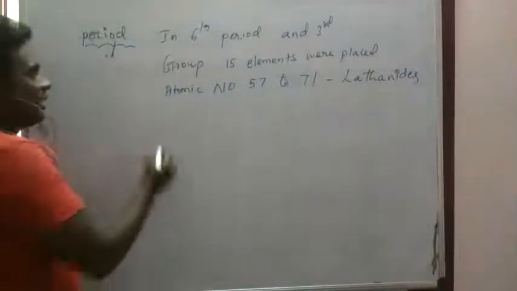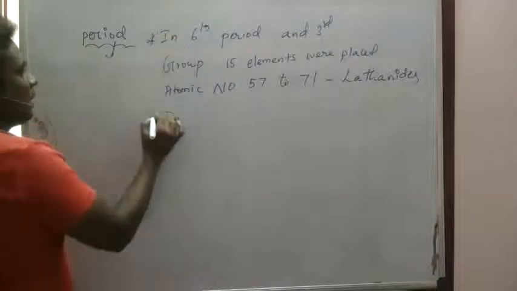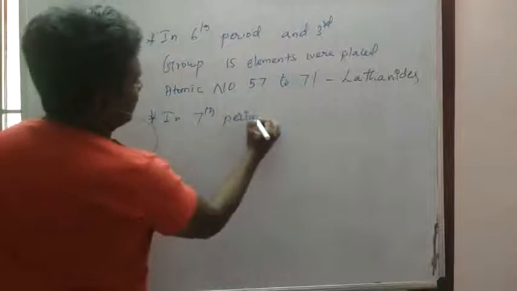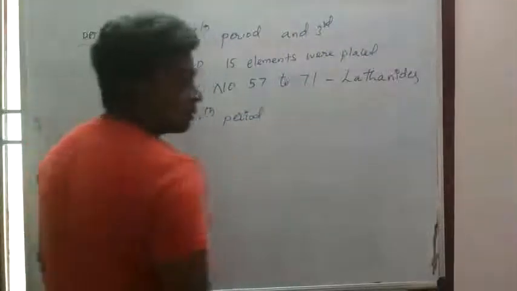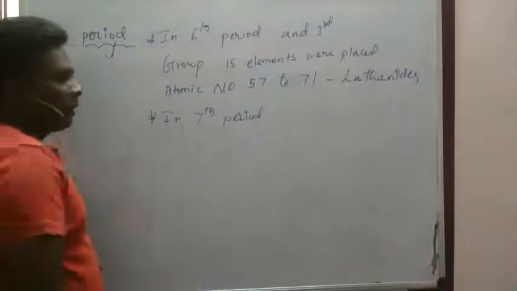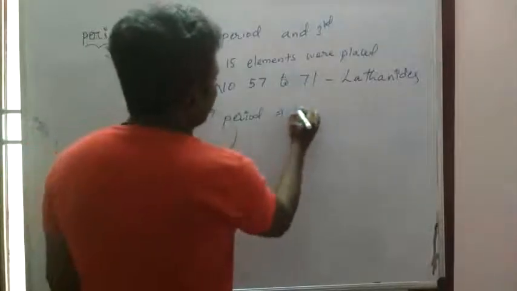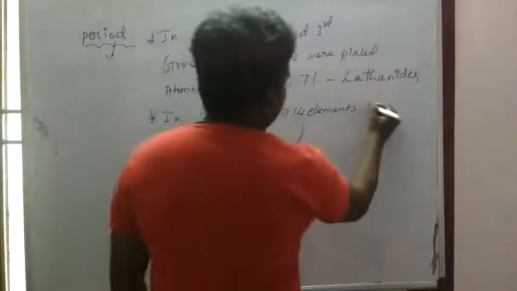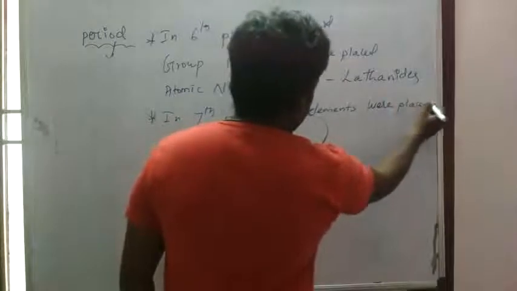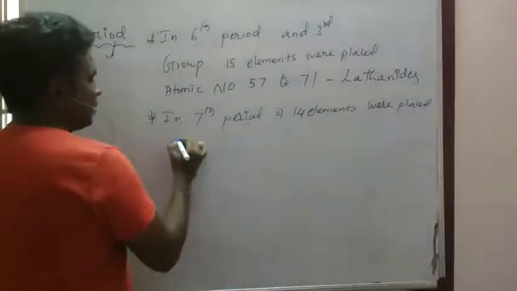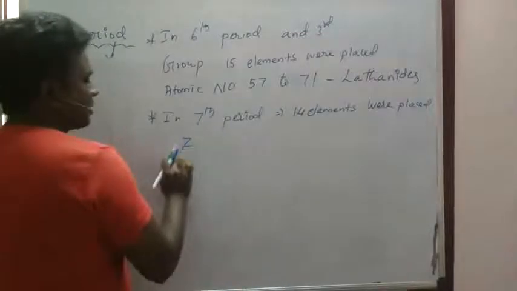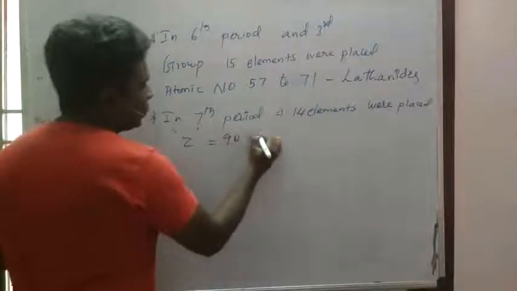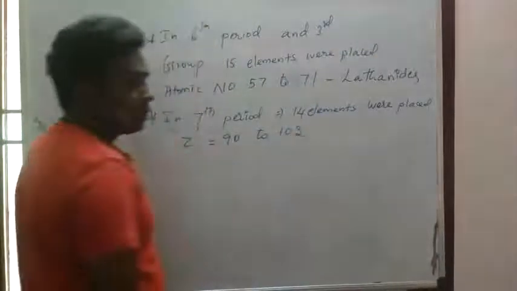It is the same in the seventh period, seventh period, same third group. 14 elements were placed in the seventh period. Z represents atomic number, so Z equals 90 to 103.